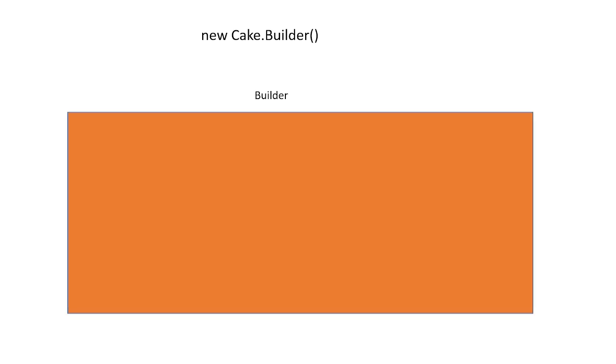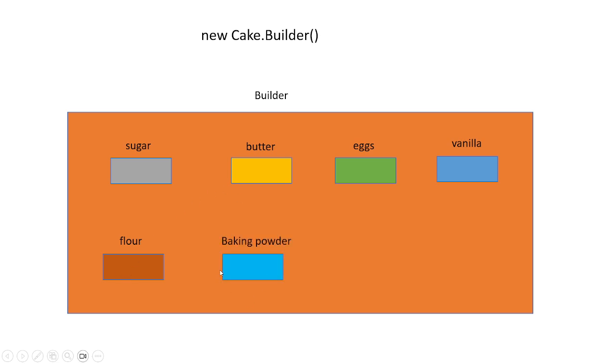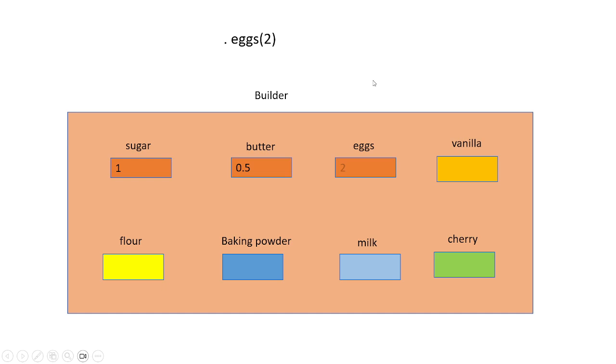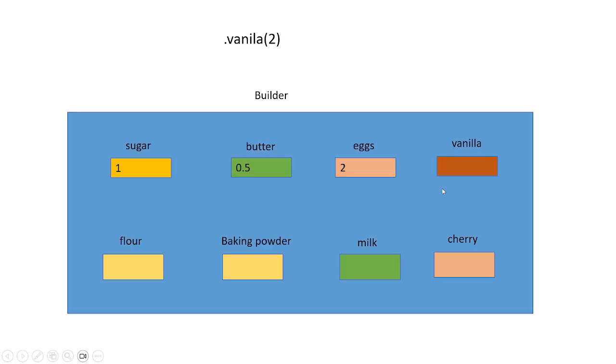Review: new cake builder. First is the builder. Sugar is added, butter is added, eggs are added, vanilla is added. Flour is added, baking soda is added, milk is added, and cherry is added. Second, drop sugar: builder one is added, but only one sugar. Then 0.5 butter is added, two eggs, and vanilla can be added.